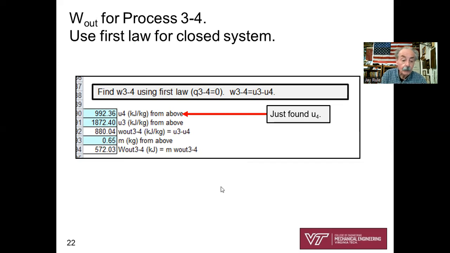Q equals 0. All right, so we found U4, we've got U3, little W out is 880 kilojoules per kilogram. Just subtract those two, multiply by the mass to get W out in kilojoules, 572.03. If I'm going too fast, remember you can download all these PowerPoint slides with a mouse click.